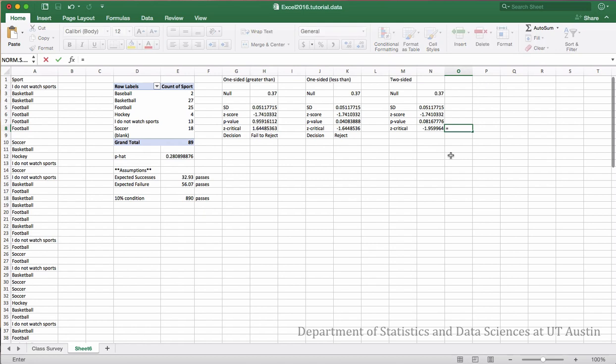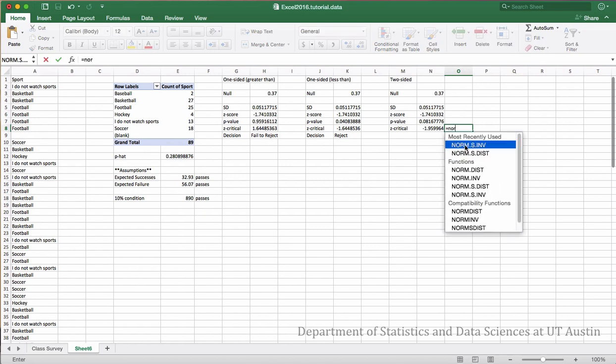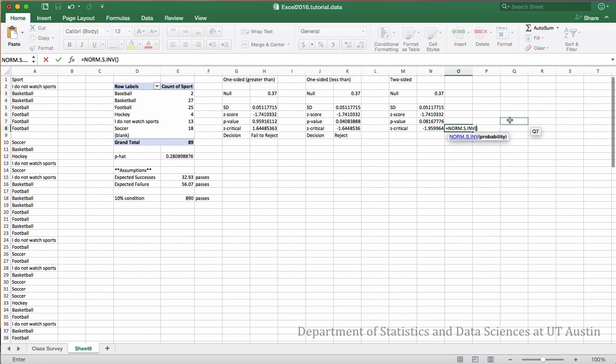I'm going to do the same to get my upper critical value, NORM.S.INV. But now I want the upper 2.5%. Well, Excel only gives us left-hand probabilities, so the upper 2.5% is the same as the lower 97.5%. And those values will be completely identical because the normal distribution is symmetrical.